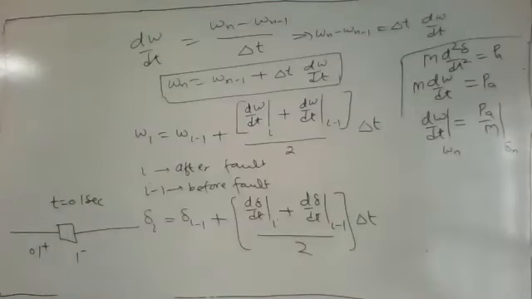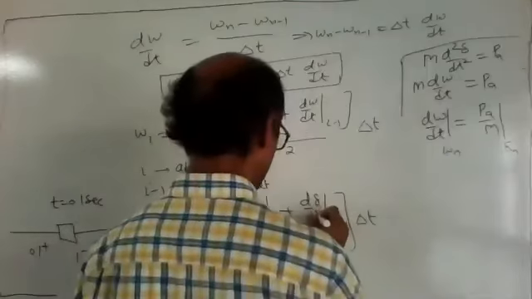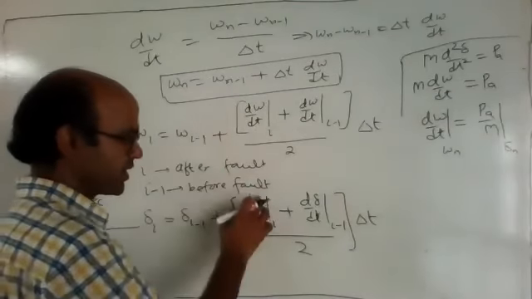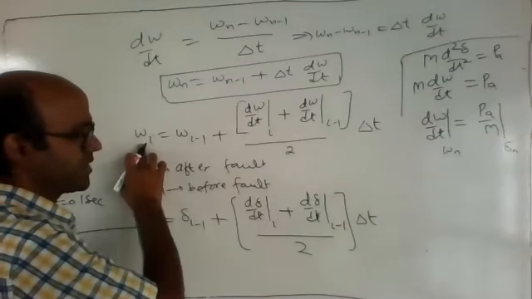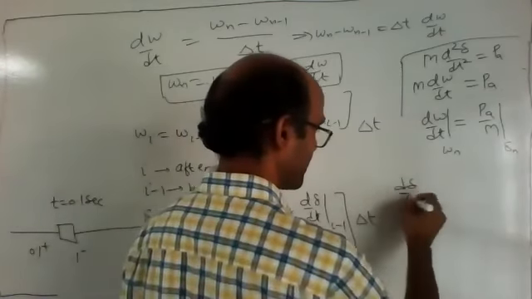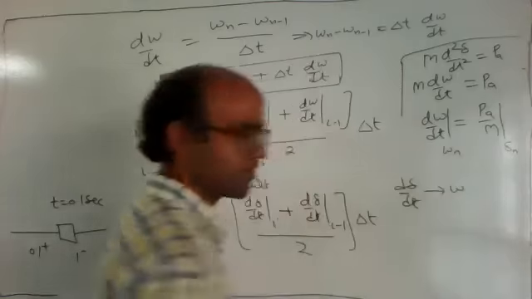Remember, before computing this, you have to compute this one, because d delta by dt is omega.